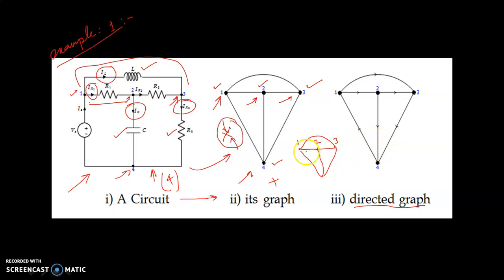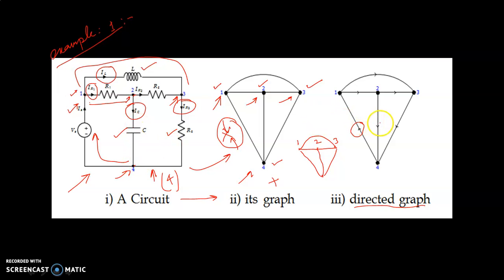Look, the current Ix is flowing from node 4 to node 1, so I have given directions like this. From node 2 to node 4, the direction is from node 2 to node 4.